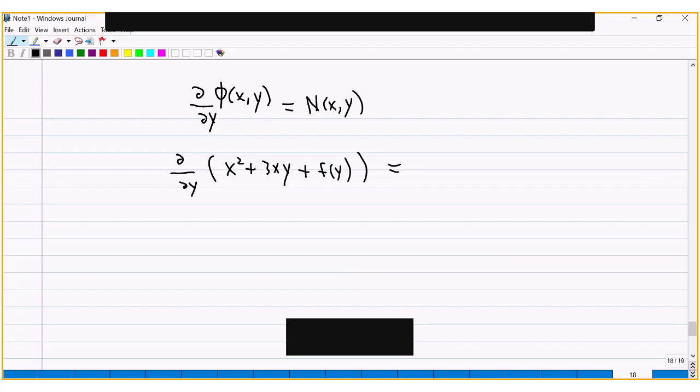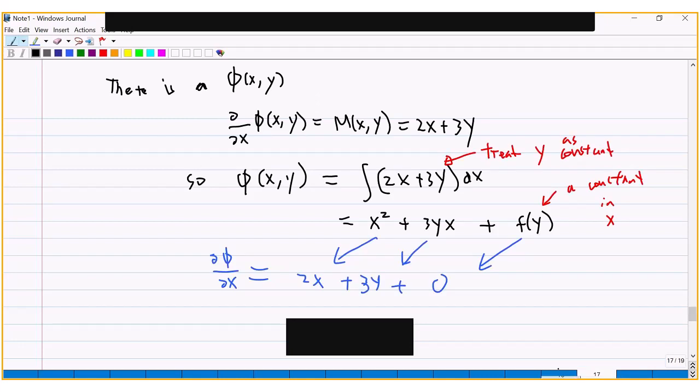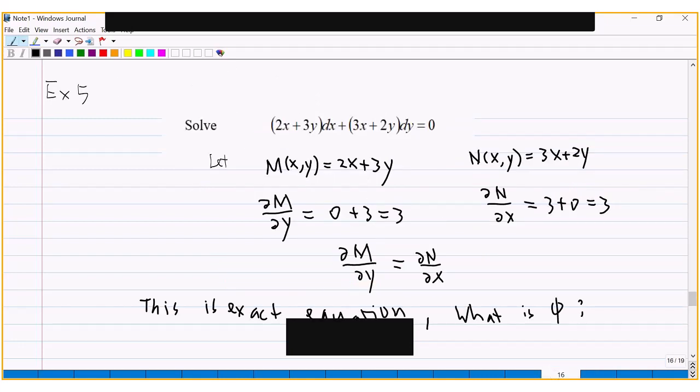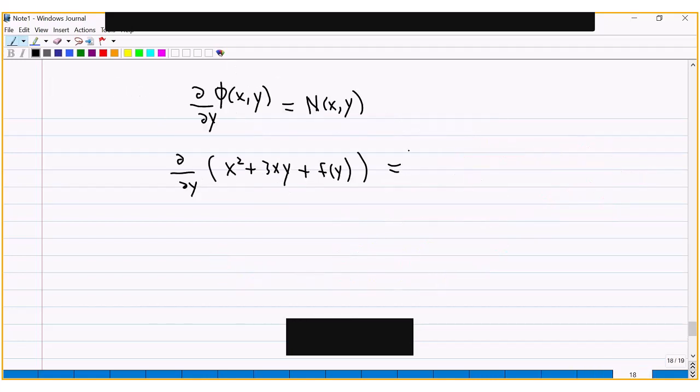On the other side, what is N now? N is 3x plus 2y, so you make use of that. Just now we did integration; now I'm going to do differentiation.